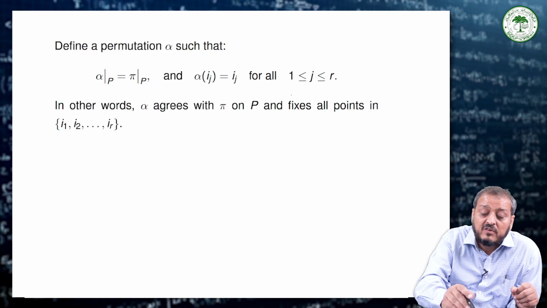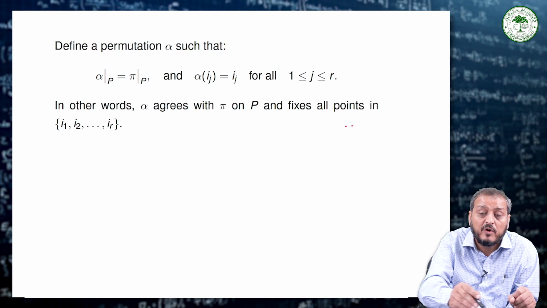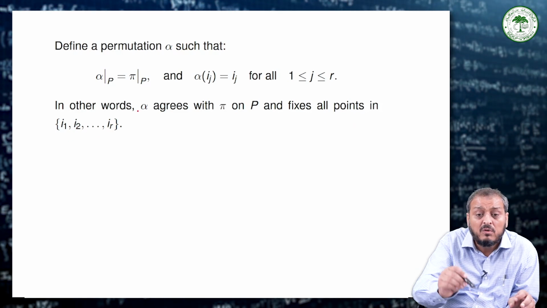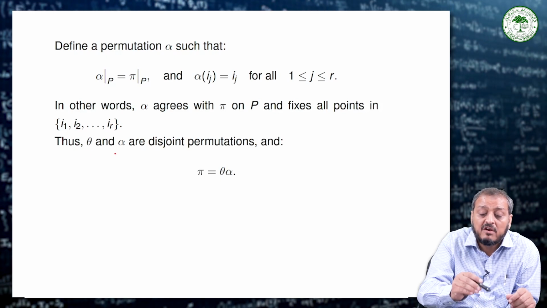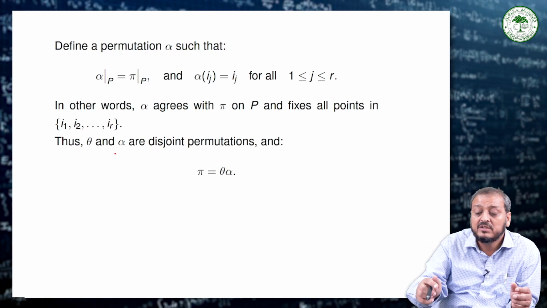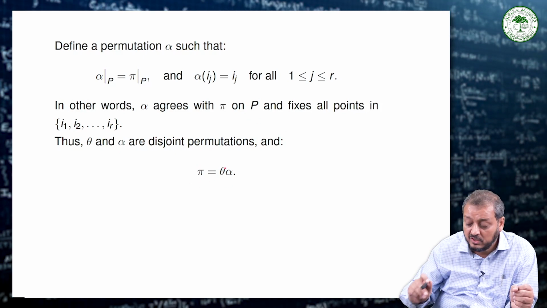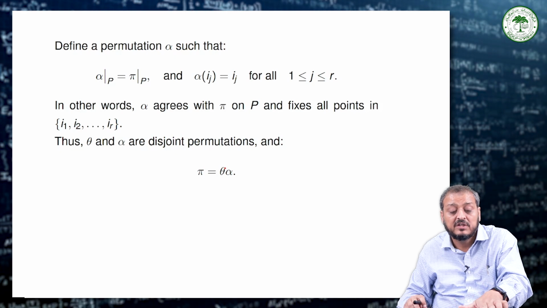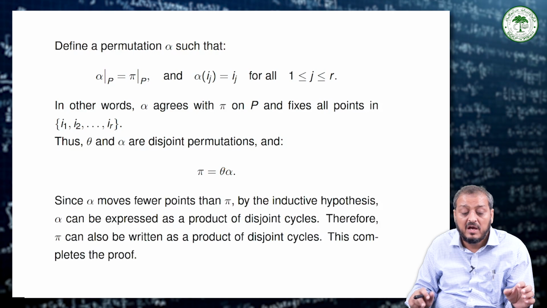In other words, alpha agrees with pi on P and fixes all points I1, I2 up to I_r. So theta and alpha are disjoint permutations, and pi can be written as theta times alpha.